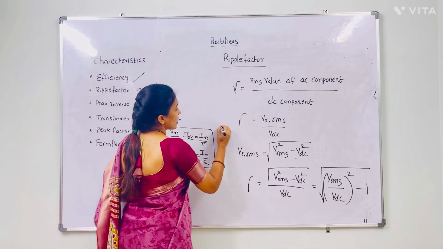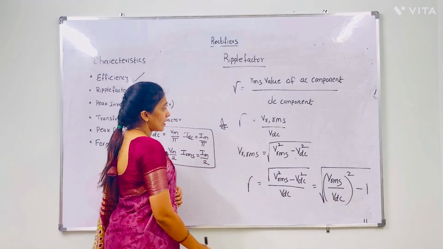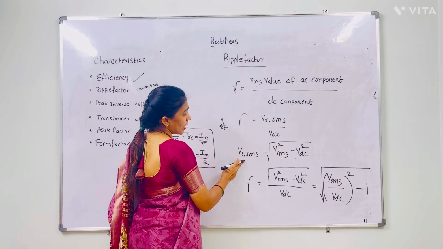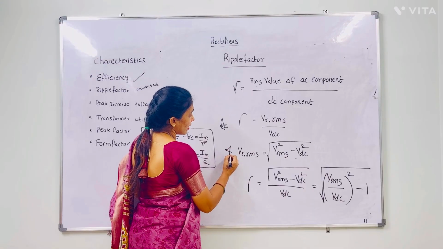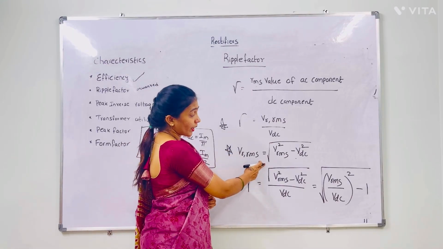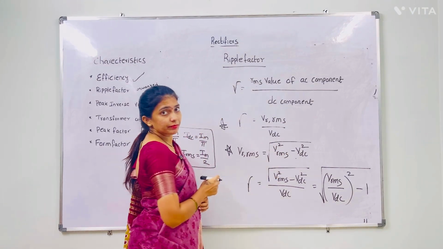And the RMS value of the AC component is Vr RMS equals under root VRMS square minus VDC square.